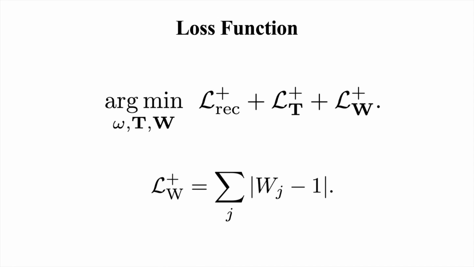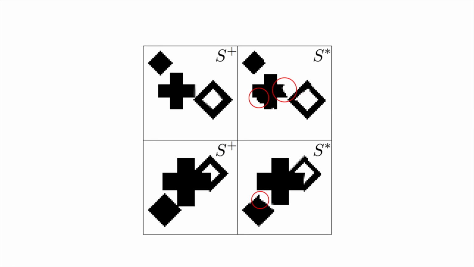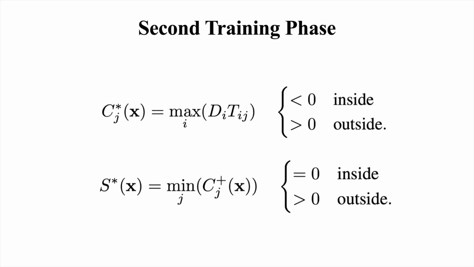However, the authors find that after this training process, the outcome is not satisfactory. So this is what their outcomes look like. So in order to improve their outcome, they devise a second training phase. They use these two equations which we have seen before. Remember, we do not use these two equations during the first training process, since the gradient will only flow to several planes and the result can be problematic.